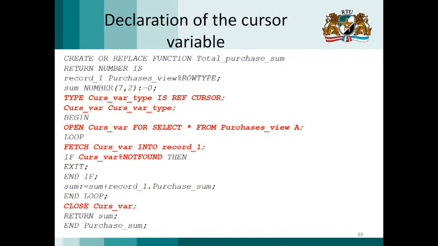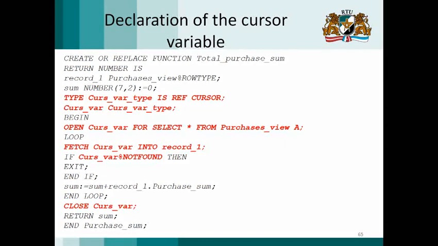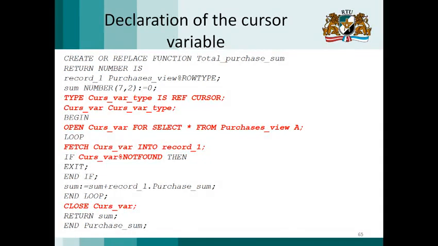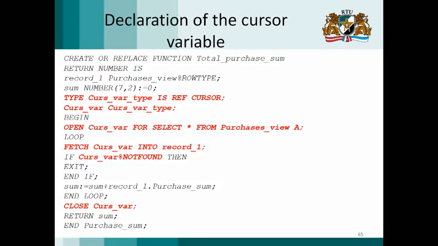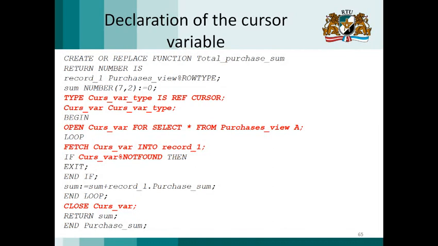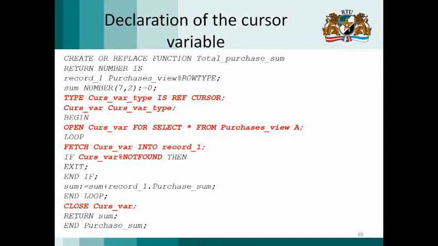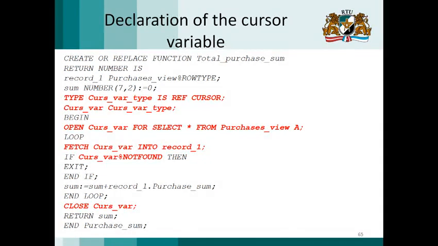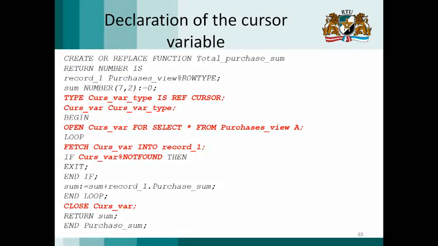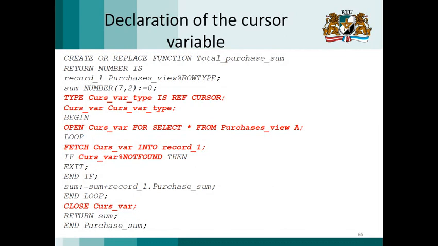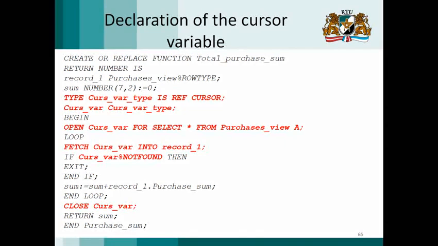Then we define a cursor variable of this cursor variable type. We need to do this so we can reference some variable, not just some type, later in this program text. After that, we open the cursor variable, but the difference is that we do not just write open cursor variable because we do not yet know what the query will be that we will use, but we also write the whole query that we will use for this cursor variable.